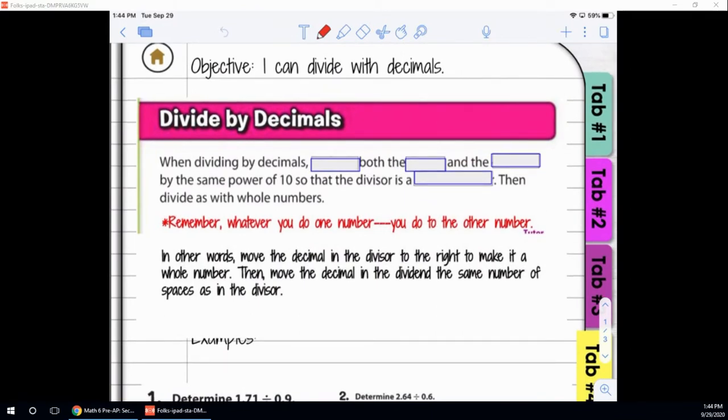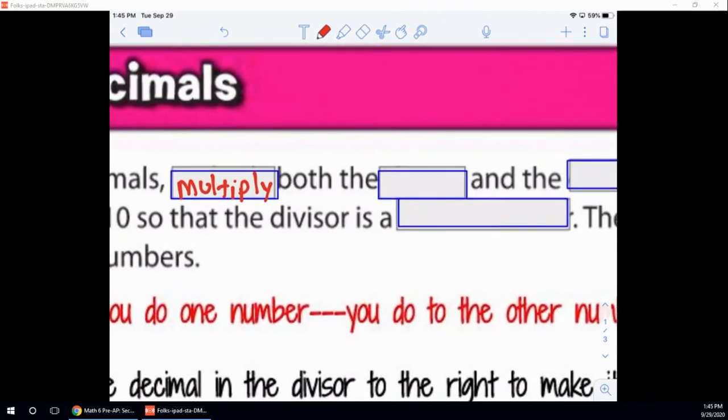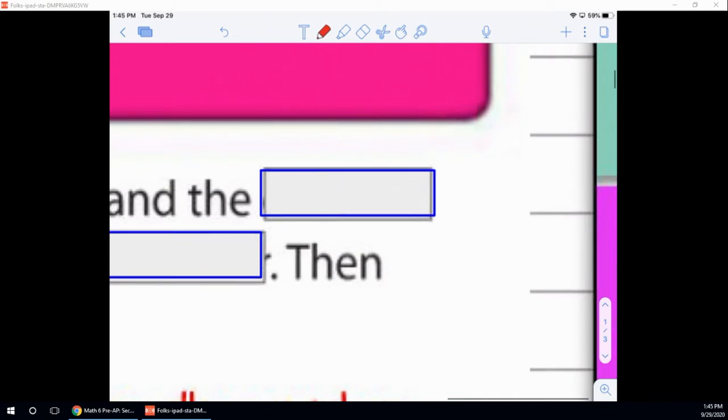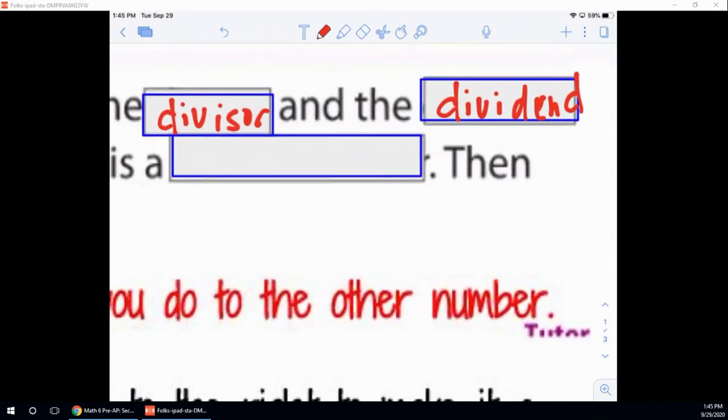When dividing by decimals, you're going to multiply both the divisor and dividend by the same power of 10 so that the divisor is a whole number.